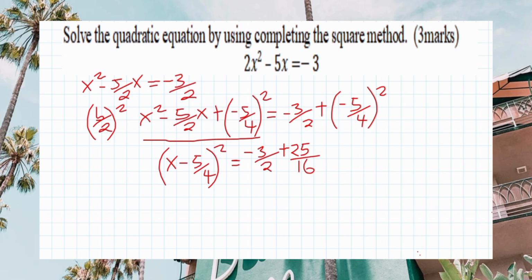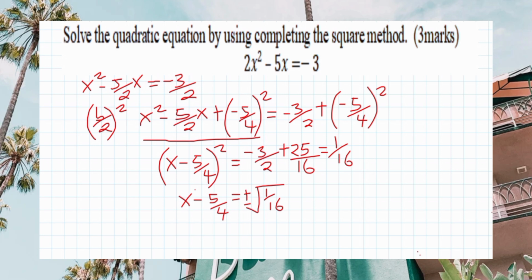And now, if you put these two together, you're going to be left with 1 out of 16. And now, in order to solve for x, we need to find the square root on both sides. So on the left-hand side, you're going to be left with x minus 5 over 4, and this is going to be equal to the square root, plus or minus, of 1 out of 16.